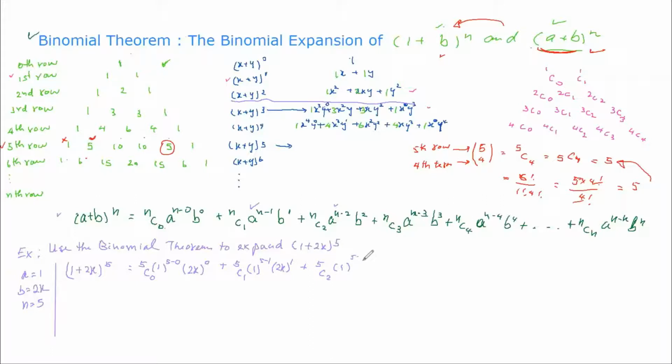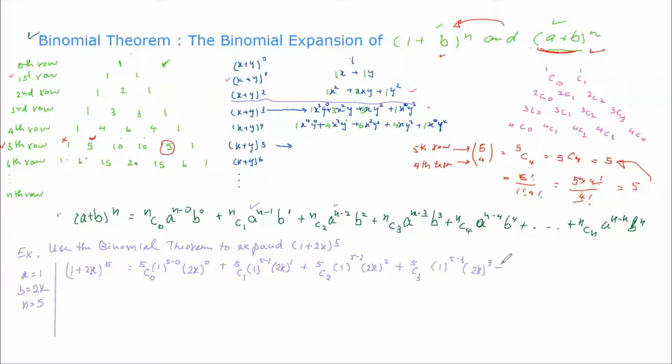I like step by step first, but the next example may not need to be written step by step in this way. So this is going to be 2x power 2, and plus next one is going to be 5C3, and then 1 power 5 minus 3. This one is going to be 2x power 3.